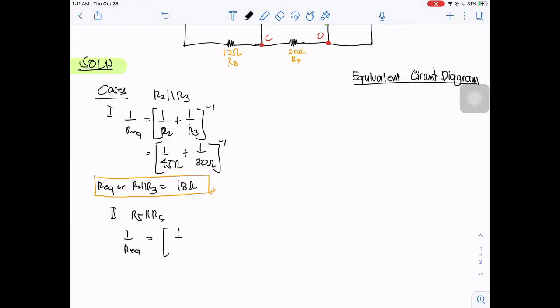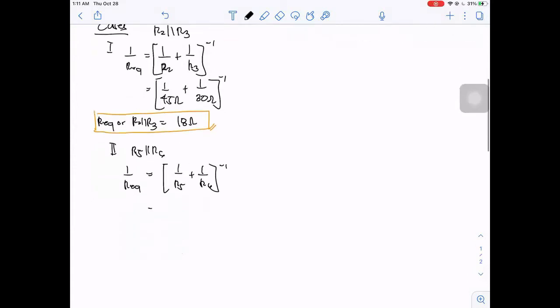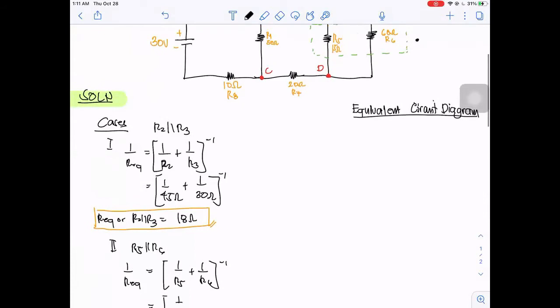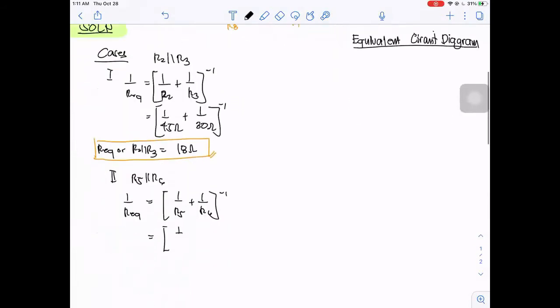We have 1 over R5 plus 1 over R6, to the negative 1. So this is equivalent to 1 over 15 ohms plus 1 over 60 ohms. So this R5 parallel R6 is equivalent to 12 ohms.